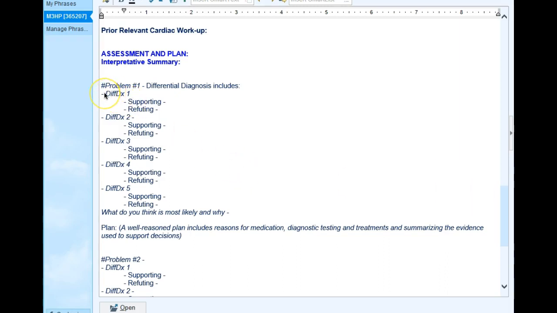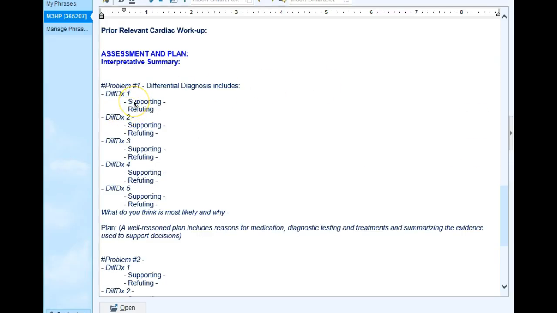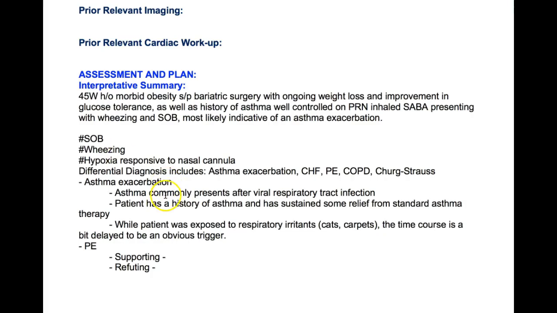So differential number one, I think at least starting with a kind of bullet point approach is a good one. So that would be asthma exacerbation here. Now, I think it's a good idea to think about the things that are supporting and refuting. In this case, the story is such a strong one for an asthma exacerbation that you can certainly use the typical presentations.